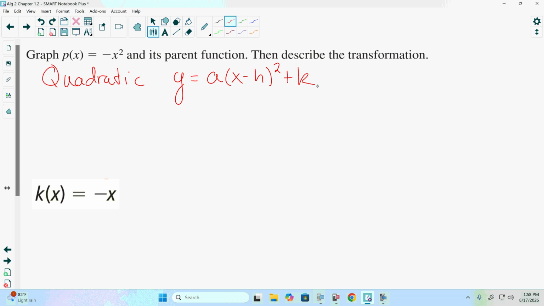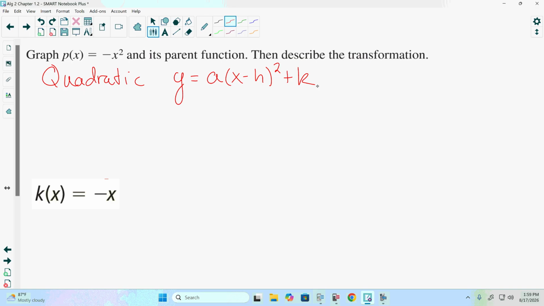Is there a value for K? No. So that tells me that there's no movement up or down. Do we have a value for H? No. If we had a value for H, we would need parentheses for us to be able to add or subtract it to the x value inside, yes? No parentheses, so no H.